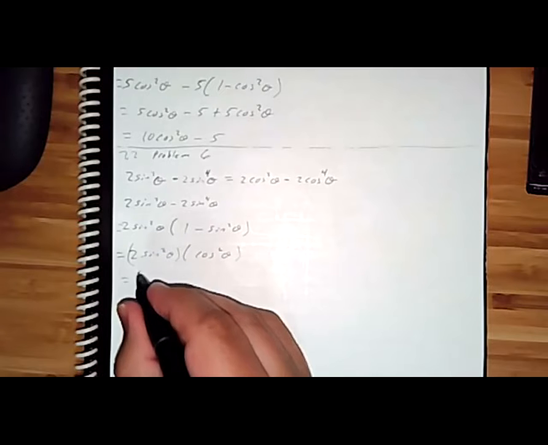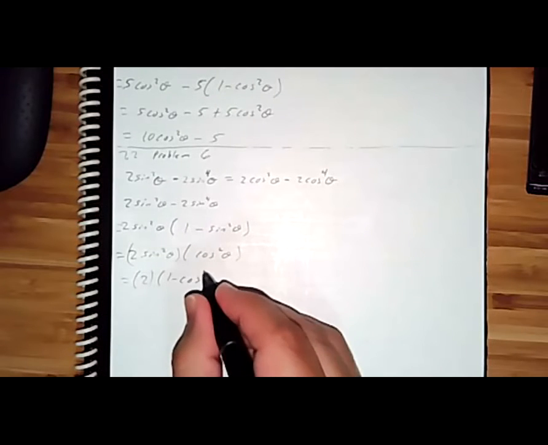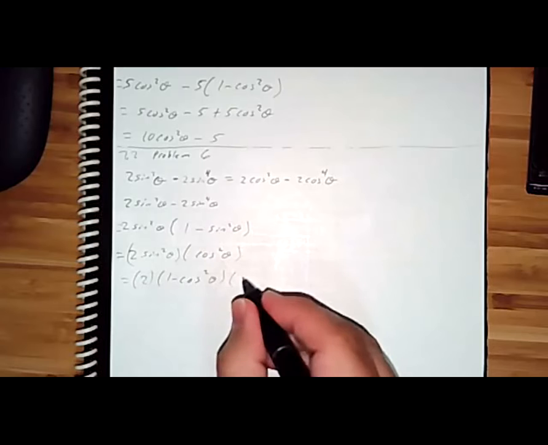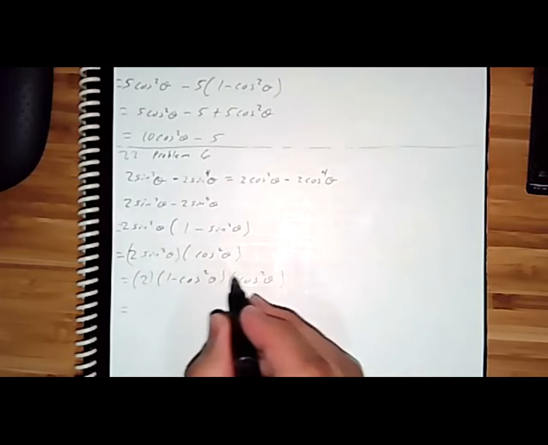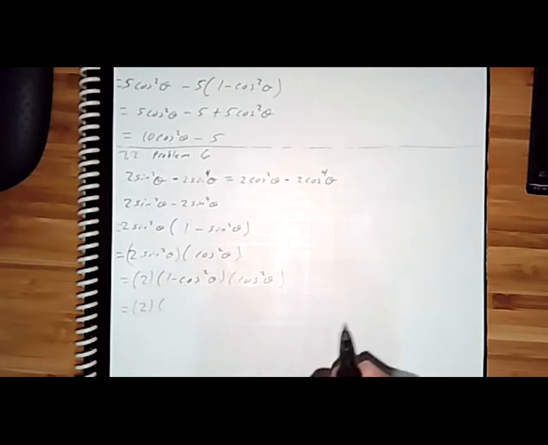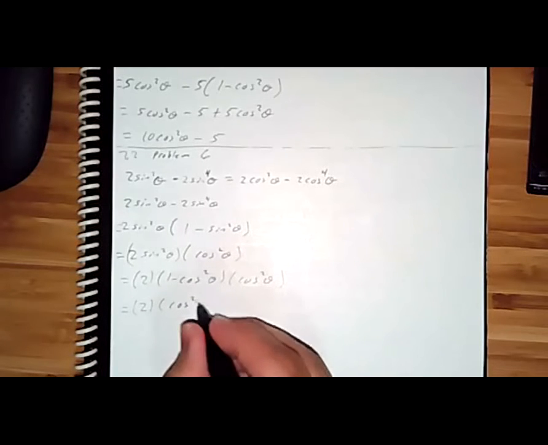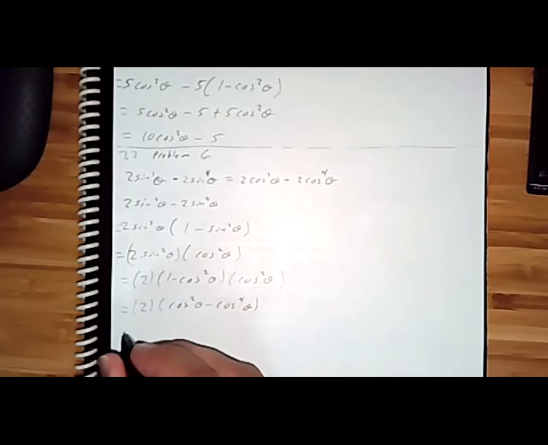And then we could change this guy, I suppose, into 1 minus cosine for no reason. And then multiply this guy. That'll give me cosine squared minus cosine to the 4th. Distribute the 2.